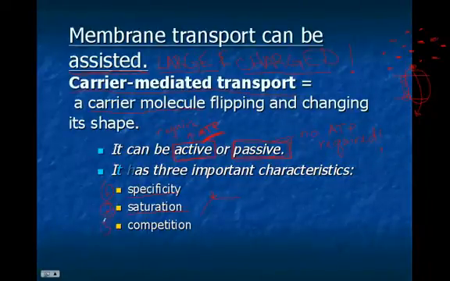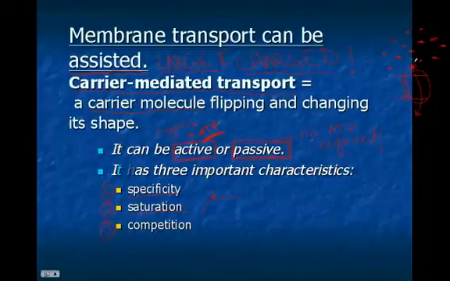And then the third one is that we can have competition. Sometimes there are other molecules that will be moving across the membrane at the same transporter as well. So this particular protein transporter maybe doesn't just move glucose, but it moves another molecule as well. Sometimes your protein transporters will be specific for two types of molecules, and those molecules will compete for that little receptor slot on the membrane.